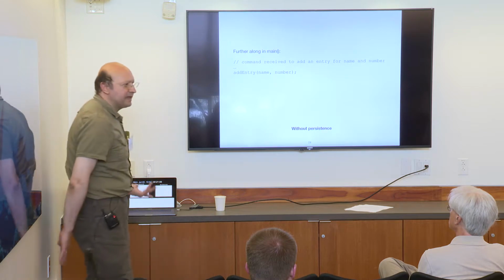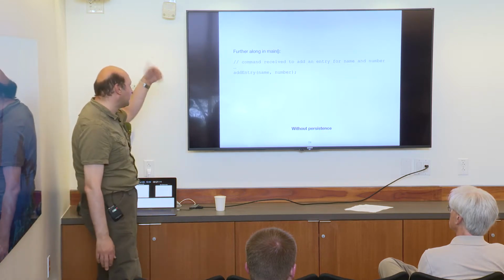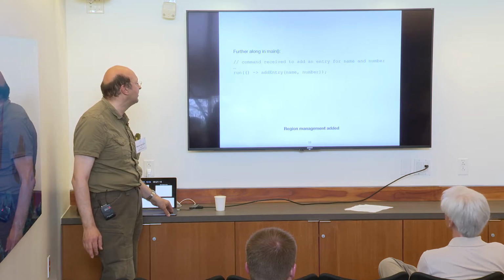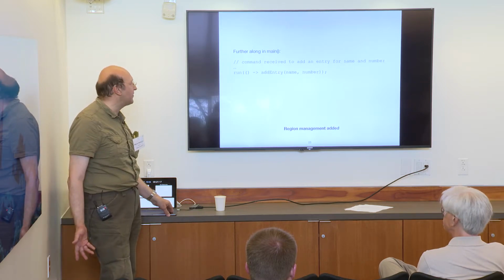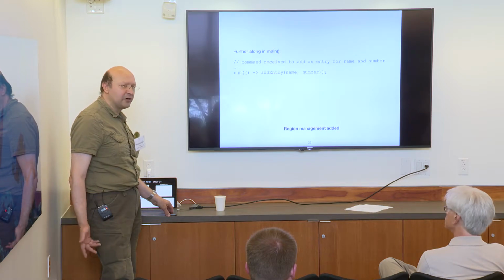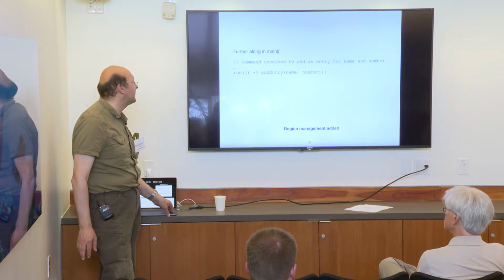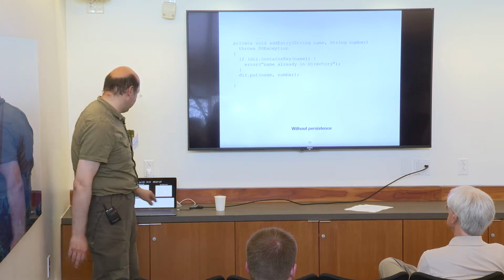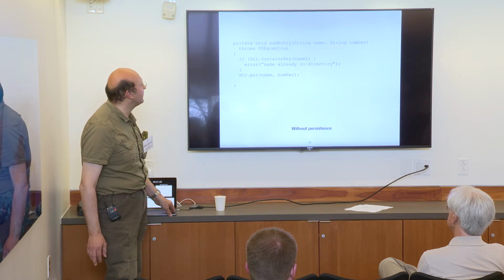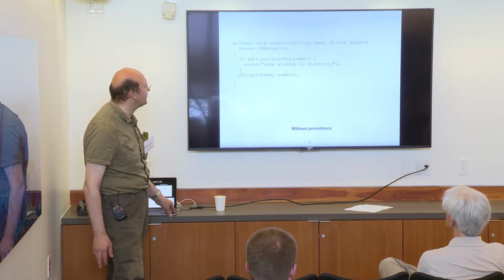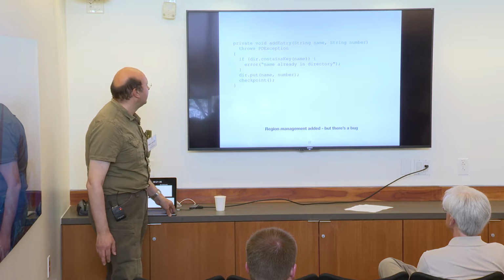Okay, so how would we then use this region? Imagine further down the code, we have a call to something that's adding an entry into the phone book. We now have to wrap that with the code that causes any allocations within it to take place in the appropriate region. The code for that originally maybe looked something like this, where it's just checking to see whether the key already exists and adds it.